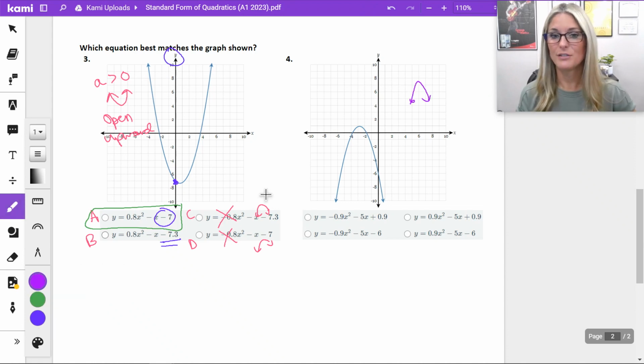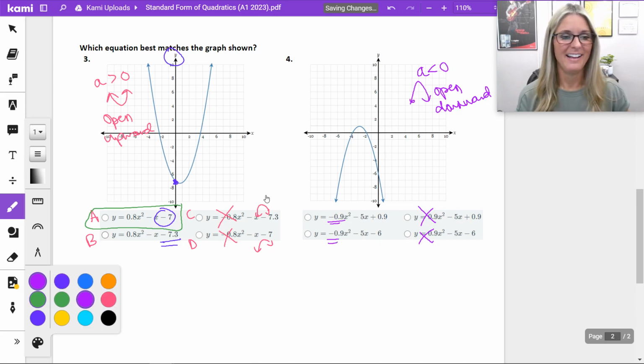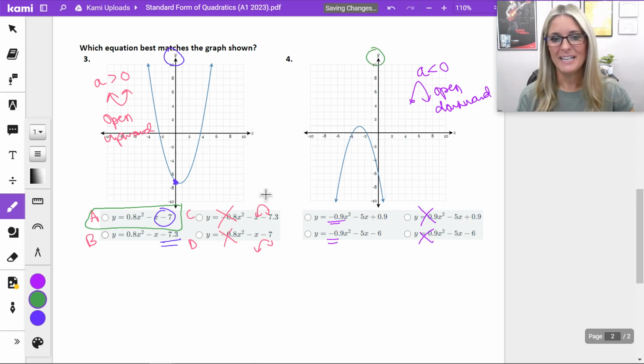Let's look at number 4. Same thing, but it's frowny, so A has got to be negative because we are opening downward. So again, the right side are out because those are positive. I need negative leading coefficients. Identifying our y-intercept, it is crossing right at -6, not a positive 9/10.